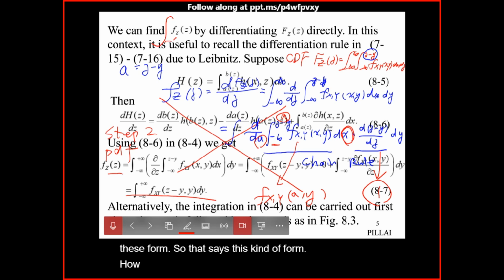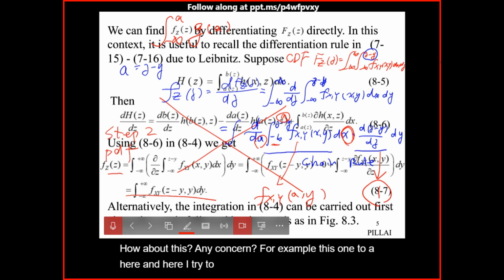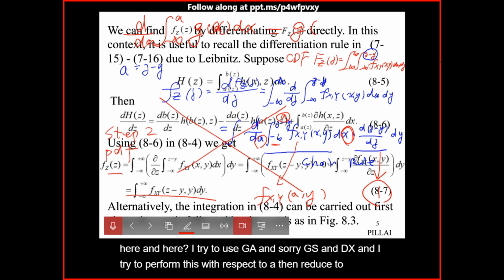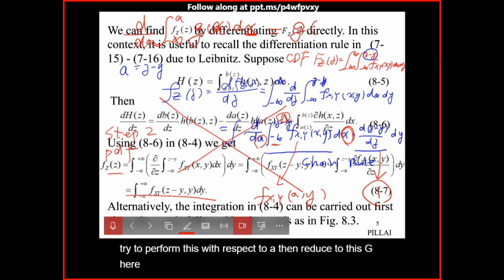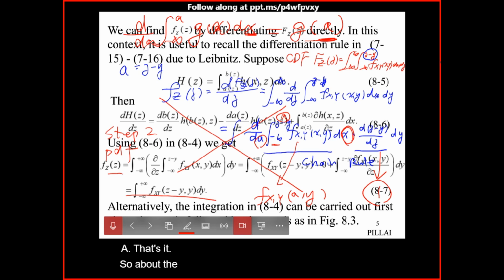Any constant, for example, this one, to A here, and here I try to use g(x) dx, and I try to perform this with respect to A, then reduce to this g. Here the variable is s, so right now it should be A. That's it. So about the result, still remember this.